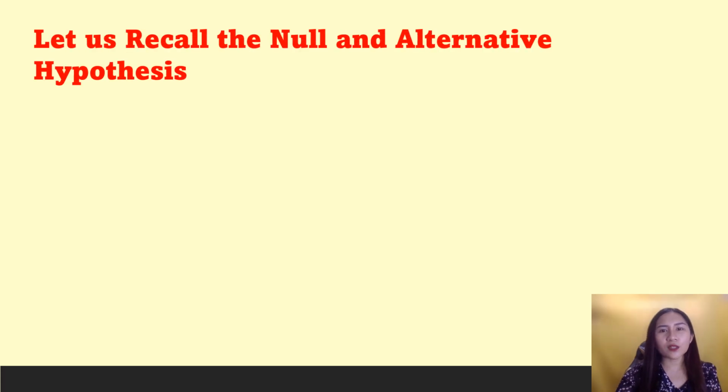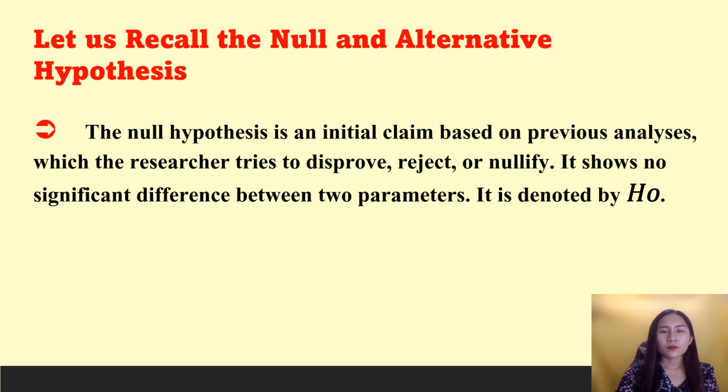Now let us recall the null and alternative hypothesis by definition. Carlo, please read. The null hypothesis is an initial claim based on previous analysis, which the researcher tries to disprove, reject, or nullify.